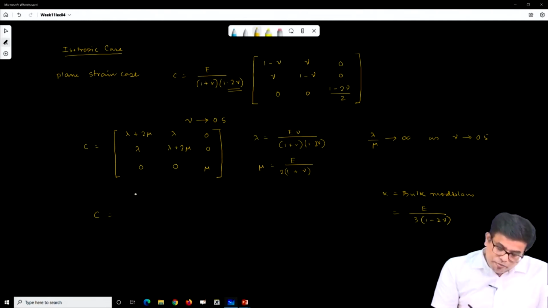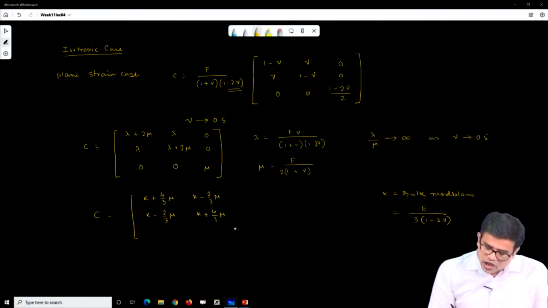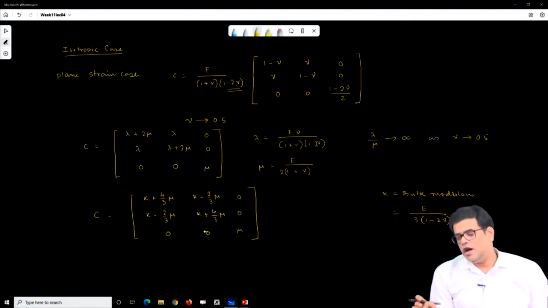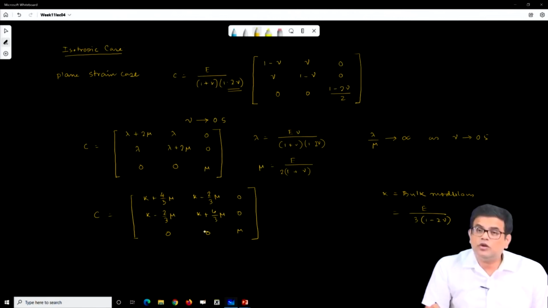Now, in terms of bulk modulus, I can write this as K plus 4/3 mu, K minus 2/3 mu, and so on. If the bulk modulus goes to infinity, what is the physical meaning?